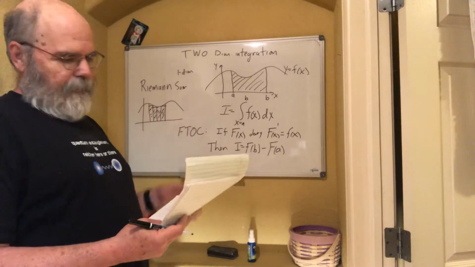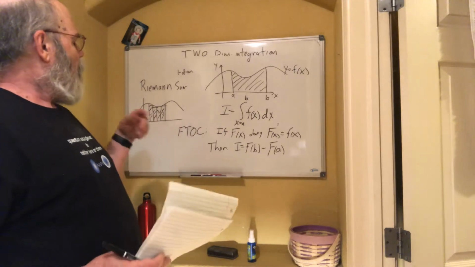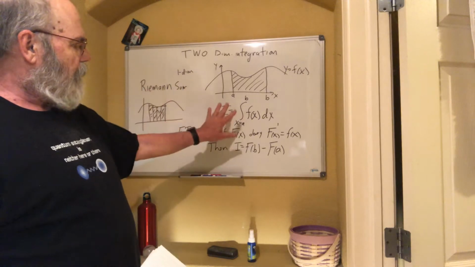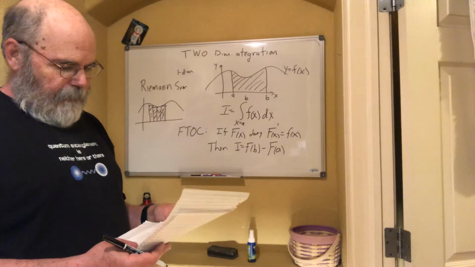So here's a really quick summary of the different things going on: the geometry, the analysis here, and ultimately you have to come up with these antiderivatives.